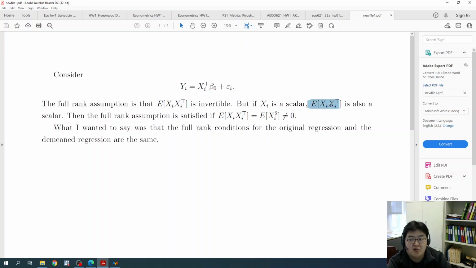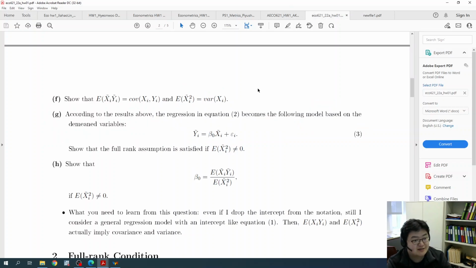Then a number has an inverse means it's non-zero. For any number, you can take its reciprocal. So the full rank assumption is satisfied if it's non-zero. So it's the same thing. There's nothing to show, it's equivalent. So the question is wrong.